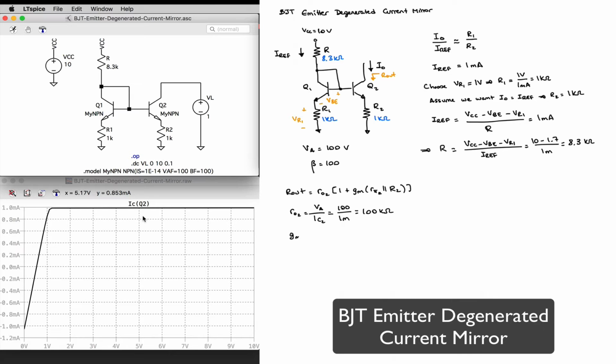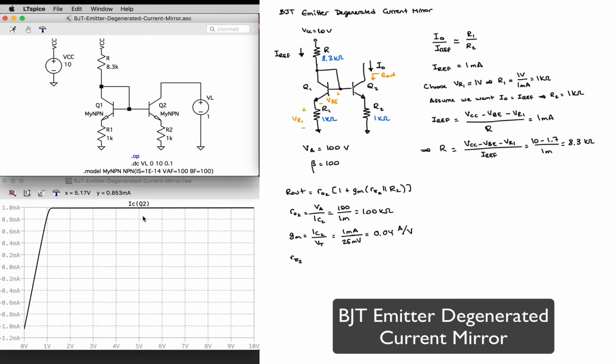My gm is going to be equal to the quiescent collector current IC2 divided by the thermal voltage, which at room temperature is around 25 millivolts. So this is going to be 1 milli divided by 25 milli, which is 0.04 amps per volt, or inverse unit of ohm. We could also have expressed it as ohm to the -1.